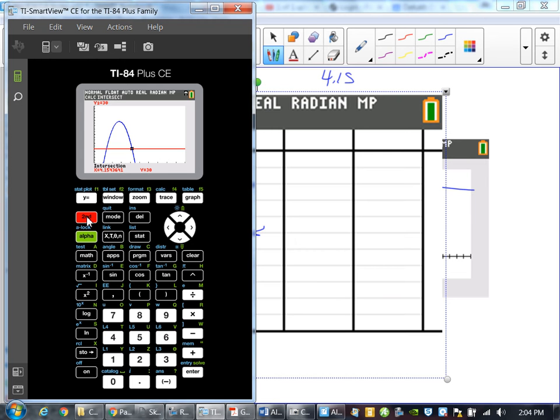And then if I do that again, second, calculate, intersect. Your calculator is so much faster than having to sit here and do this. And that one's at 1.36.